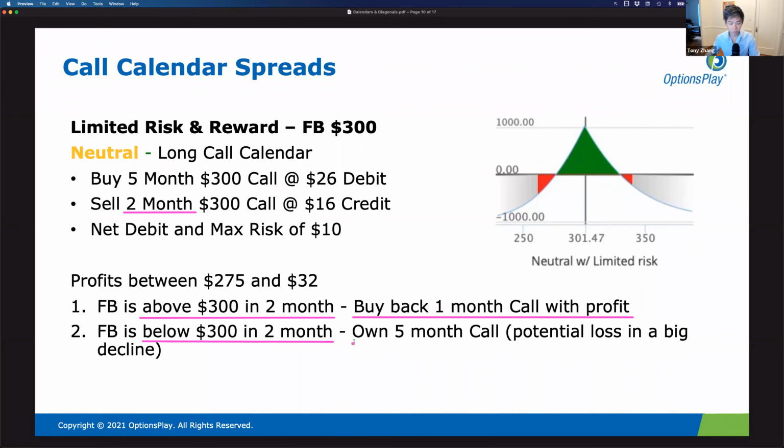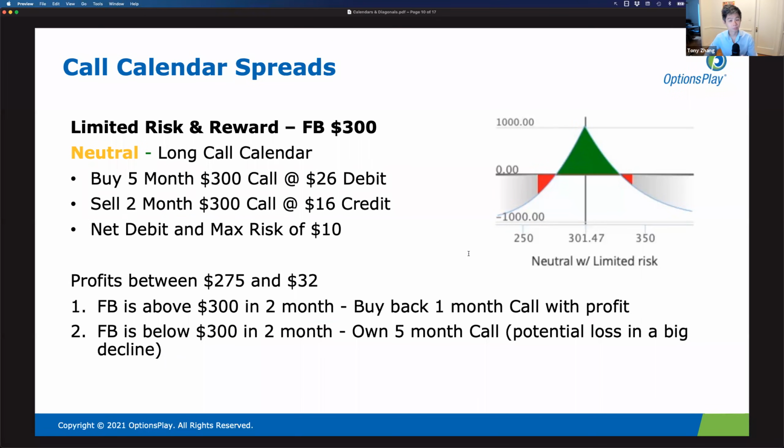If it's below $300, you effectively just own the 5-month call option, but you do have a potential loss on a big decline, meaning if the stock was to decline substantially, your risk is still limited to $10, but you do have losses to the downside. So that's really how you want to think about a calendar spread.